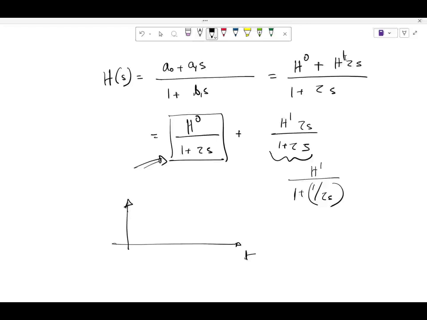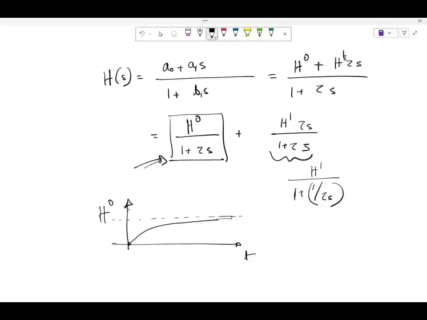What I mean is, will it be like this or like this? The black one, right? It will be something like this, and it will reach what value? H naught, right? And its time constant obviously will be equal to tau, correct?